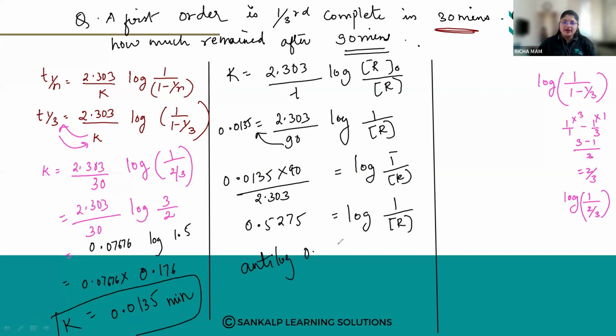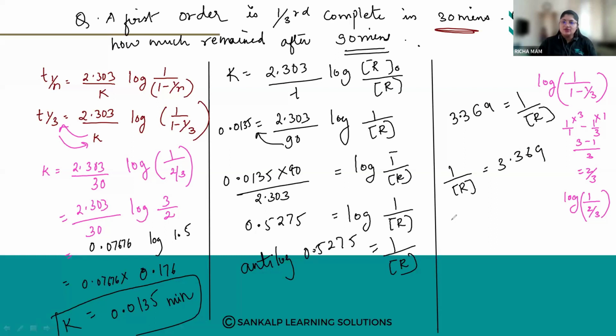So antilog of 0.5275 is equal to 1 by concentration of R. The antilog value I am getting is 3.369. So concentration of R is equal to 1 by 3.369, which is 0.296 mole per liter. Are you getting the same?